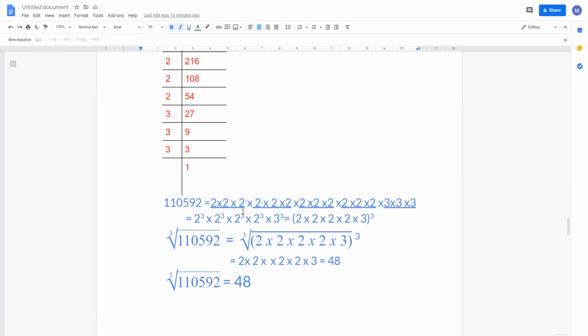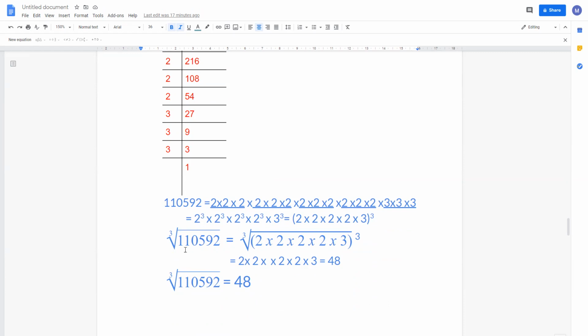So 1,10,592 equals, see, how many times 2 is coming? 12 times 2 and 3 times 3. Now three together: underline the factors and make groups of cubes. So 2 cube times 2 cube times 2 cube times 2 cube times 3 cube, that is 4 times 2 cube and 1 time 3 cube. So putting in brackets, (2 into 2 into 2 into 2 into 3) the whole cube.